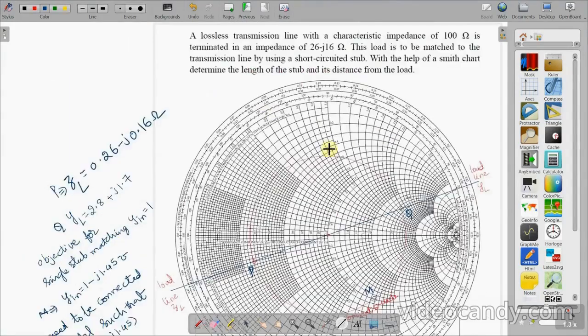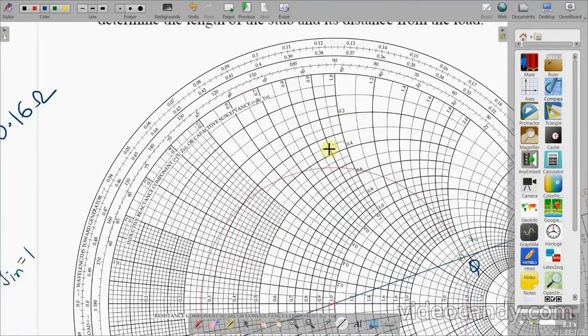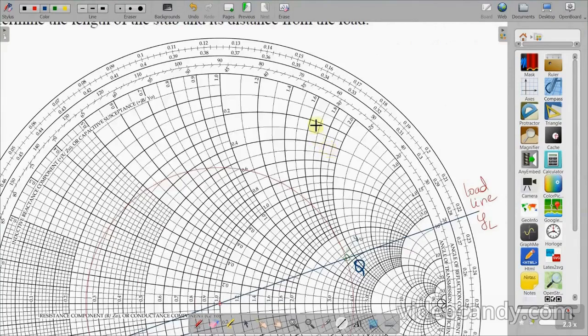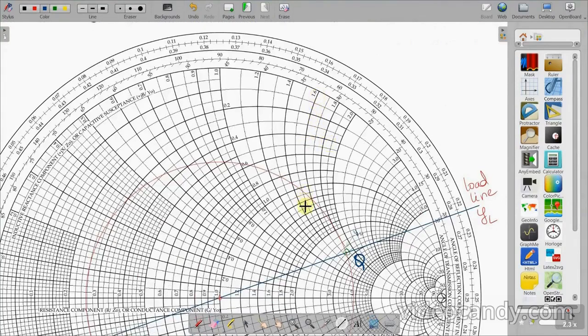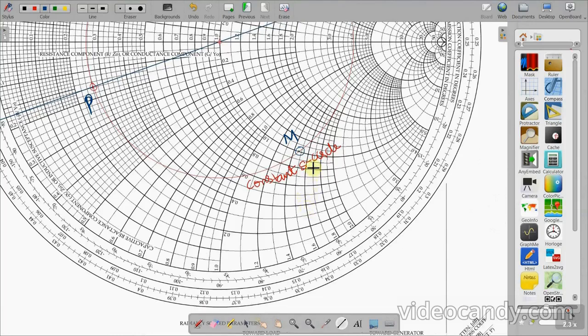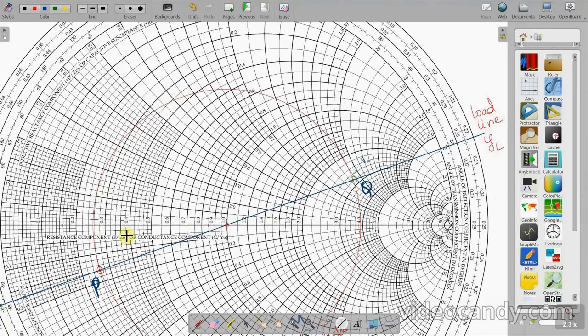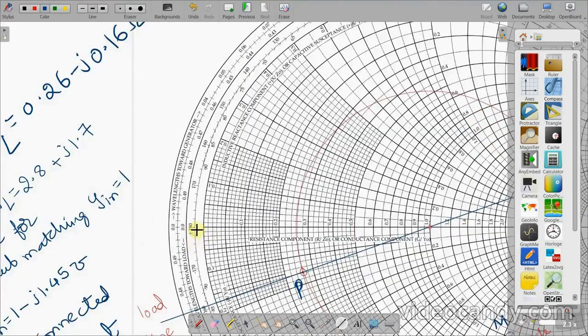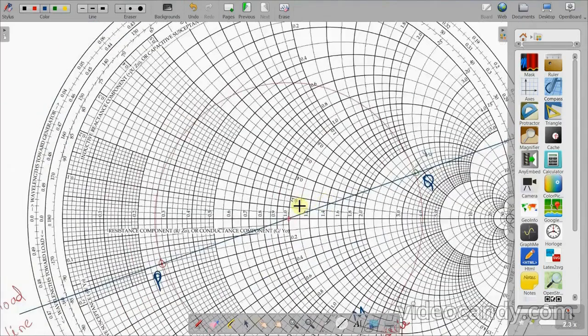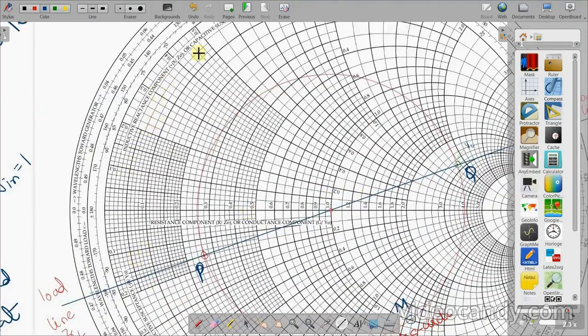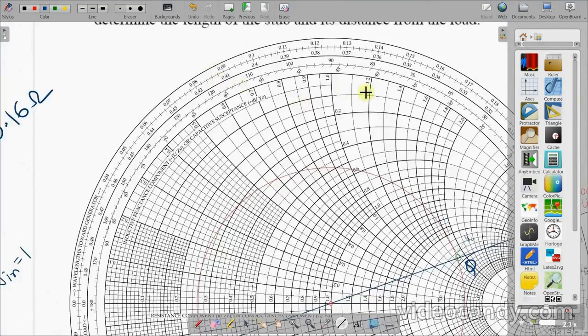Since the susceptance of Yn is minus j1.45, mark the value of susceptance of the short circuited stub at plus 1.45 on the zero resistance circle in the clockwise direction from the YSC point, which is marked on the extreme right of the Smith chart.